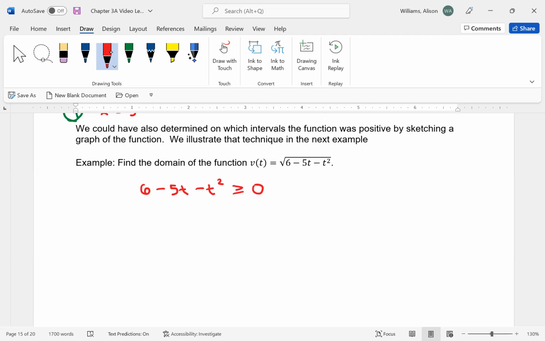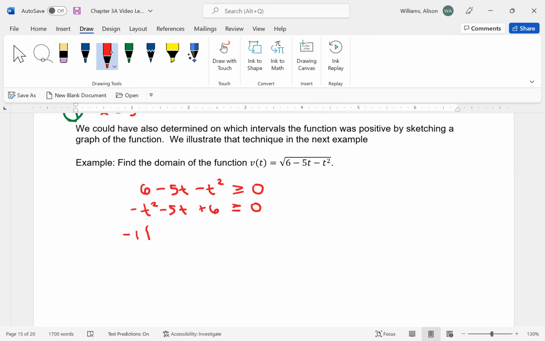Okay, so if I look at the graph, there's a couple ways to do this. This is actually a quadratic function because it's got the squared. So I could go ahead and factor this thing. Let's do that. I'm gonna reorder it first. -t squared minus 5t plus 6. And then I'm going to factor out a -1. Okay.